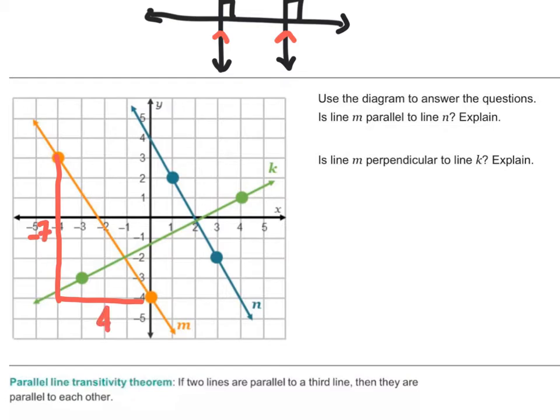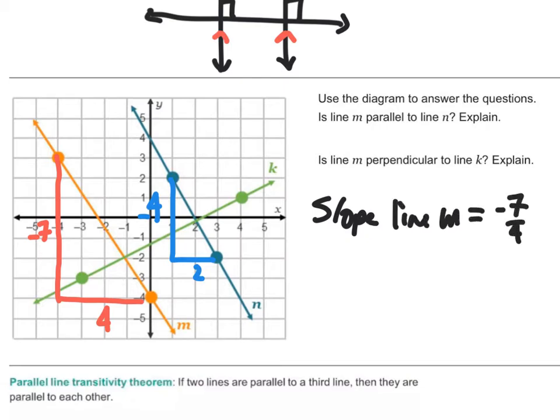From this point to this point, this has a slope of -4 and then 2. So the slope of line M is equal to -7/4. The slope of line N is equal to -4/2. So these are not parallel.